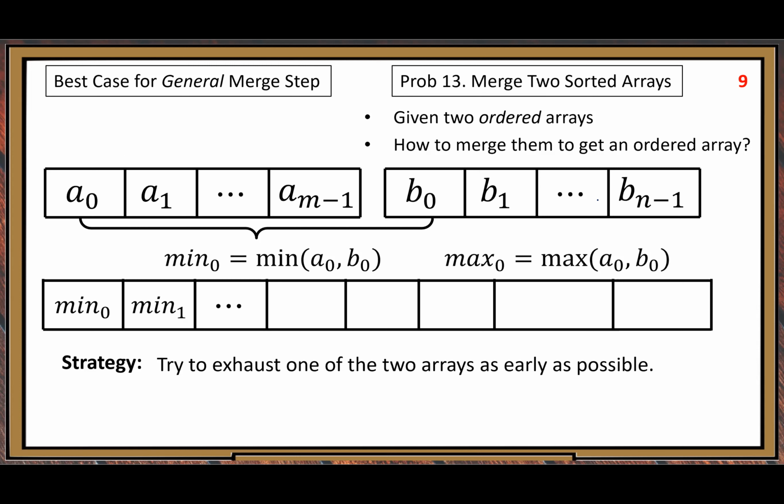When that happens, you may get a minimum number of comparisons. All right. So then the conclusion, because you have two cases. You either exhaust the A subarray or exhaust the B subarray, right? Two possibilities. So which one is better? Exhaust the shorter array is better.